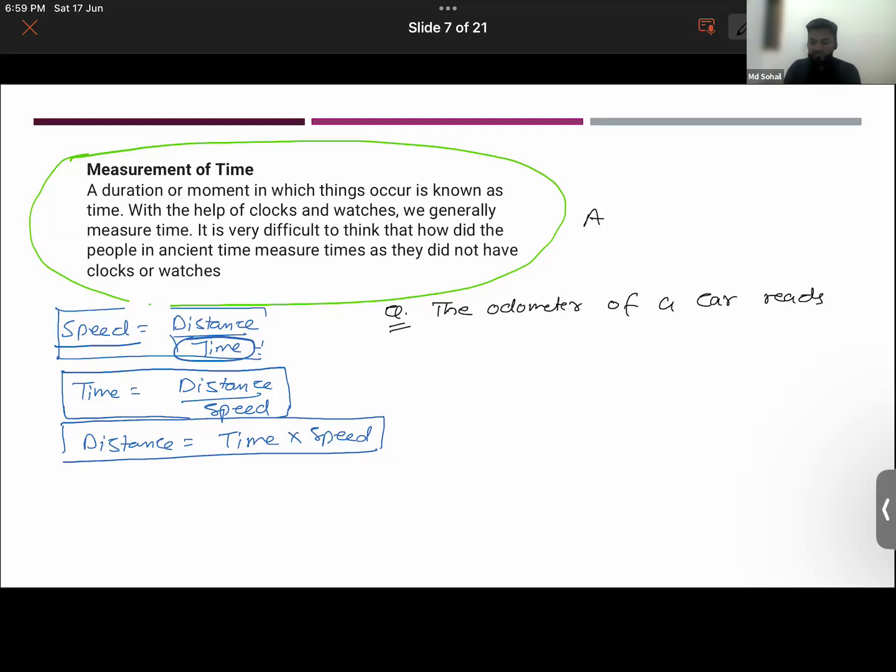We discussed this in previous class that odometer shows the distance traveled by the vehicle, right? Yes, sir. So the reading on the given odometer is 57,321.0 kilometer.